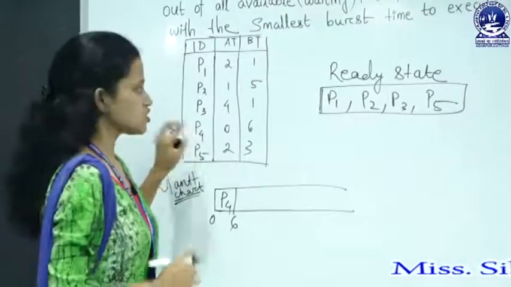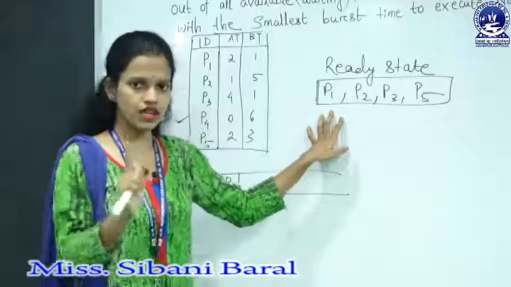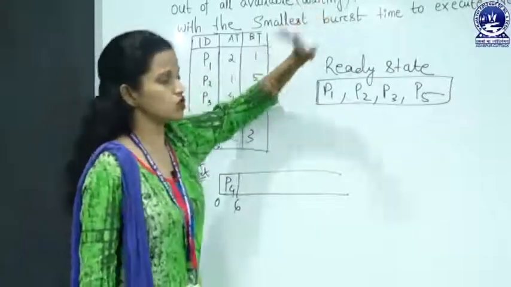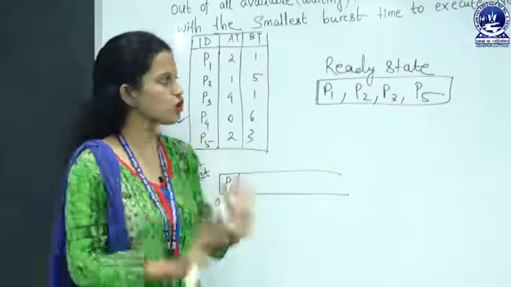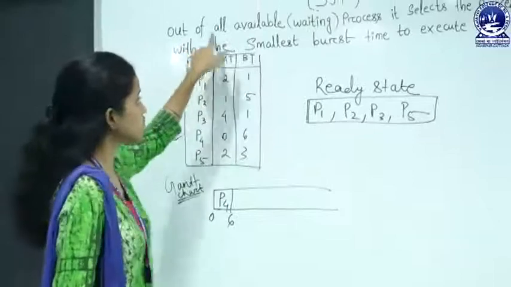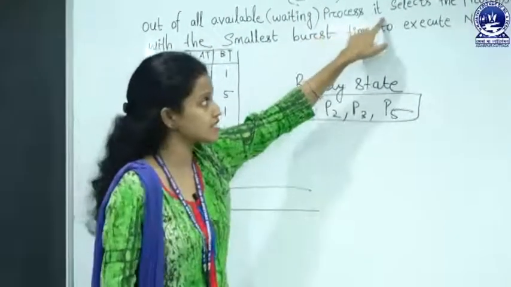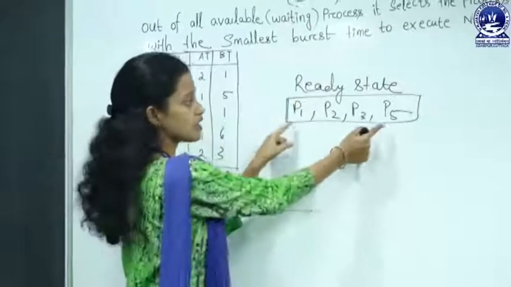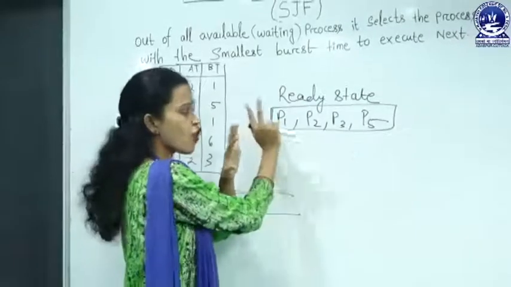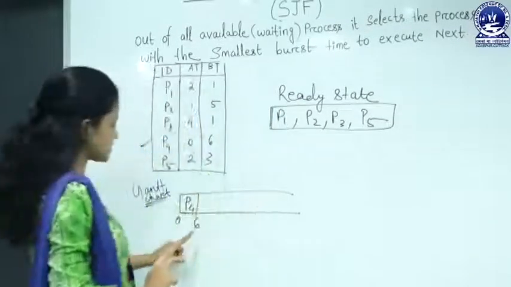Now in this scenario, you have to apply the criteria of SJF, shortest job first. Out of all available processes in the waiting state, it selects the process having minimum burst time, and now we have all available processes in the ready state at the 6 millisecond.